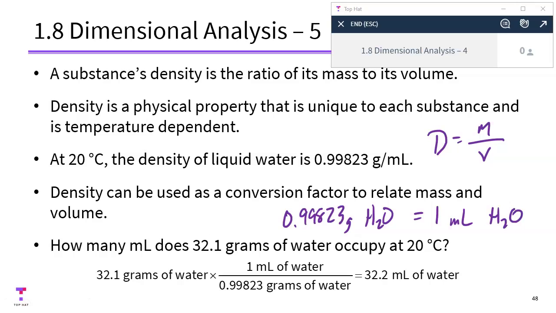And just like we did with centimeters to inches, with kilometers to meters, with deciliters to liters, with any other conversion that we did, anything that we could set equal to each other, we can manipulate into fractions. So if I want to turn grams into milliliters, I can use dimensional analysis, where I can take this conversion and say, okay, look, I've got grams of water here in the numerator. Let's put the grams of water of the density in the denominator. Those will cancel out, and now I have milliliters of water that I'm working with. I can do that calculation relatively simply.